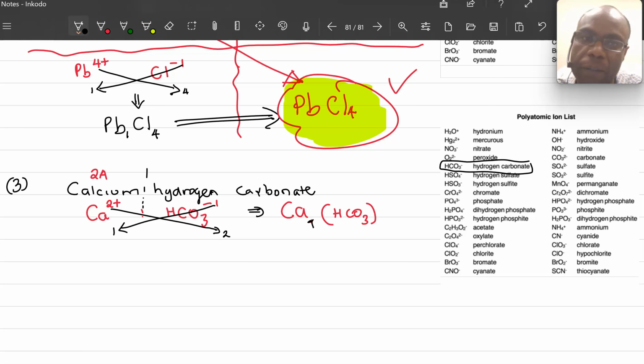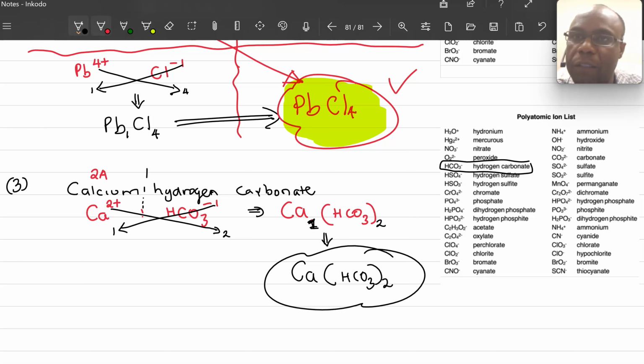So the 1 came here, the 2 came from the calcium, and it's there. Now to finish this off, the formula will be Ca, just imply the 1, and then put parentheses, HCO3, and then 2. That is the formula of calcium hydrogen carbonate.